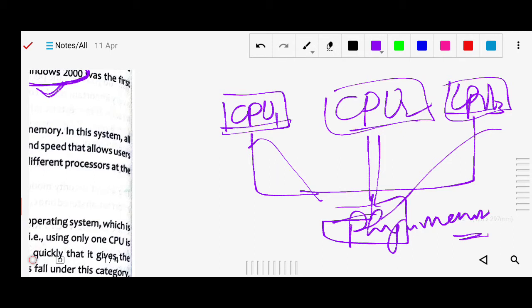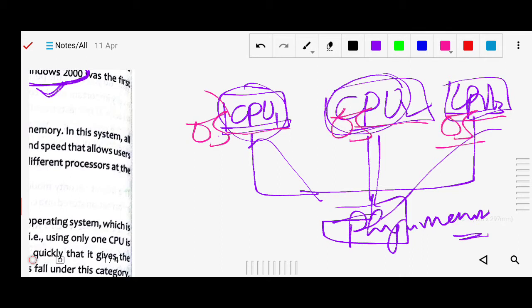How can you understand what is multiprocessor? In a multiprocessor operating system, two or more central processing units control the functions of the computer. All these CPUs are controlling the operation of the computer. Each CPU contains a copy of the OS.